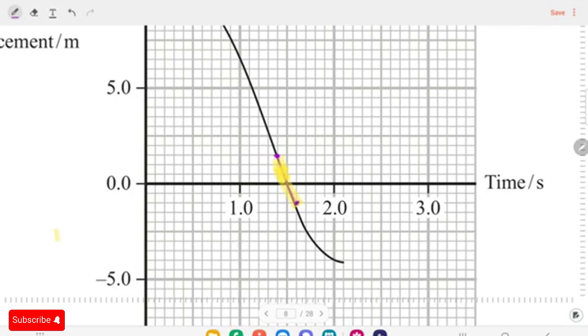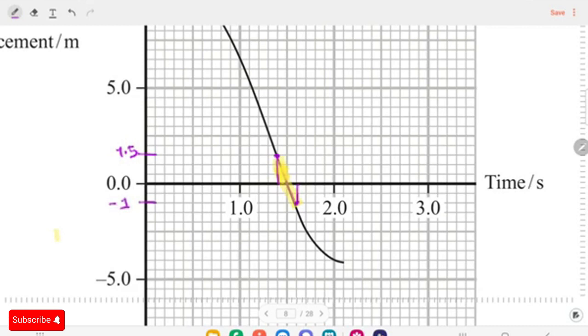You can see that over here the x-axis is almost 1.4 and the other x-axis is 1.6. On the y-axis, this is 1.5, and over here this is -1.